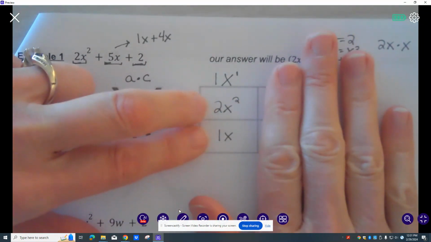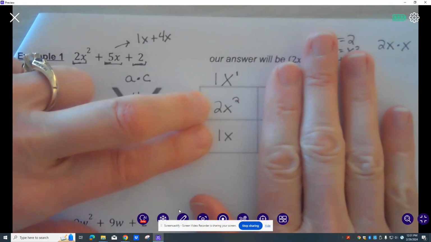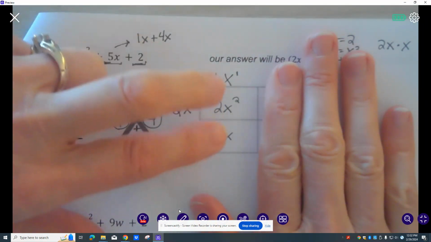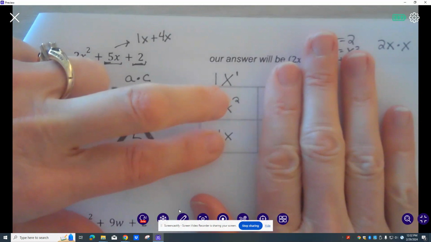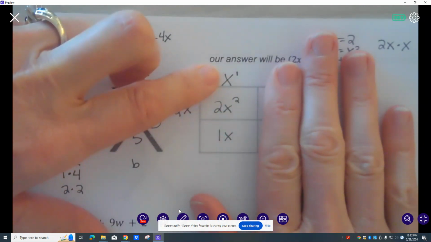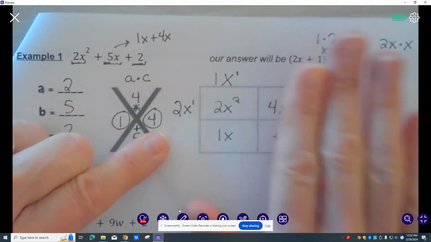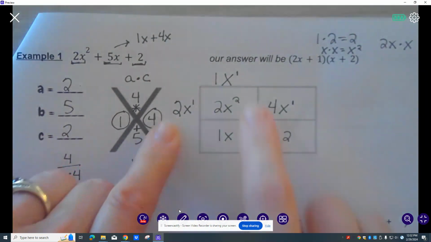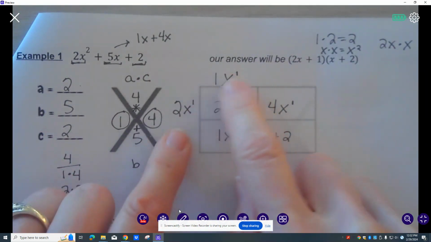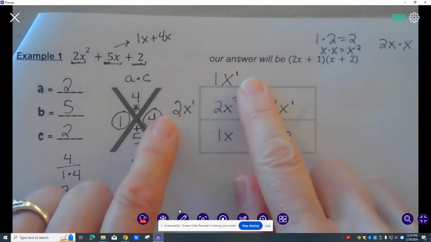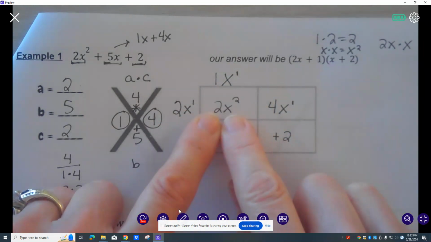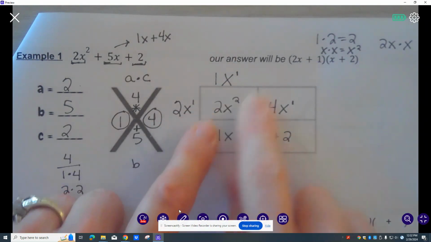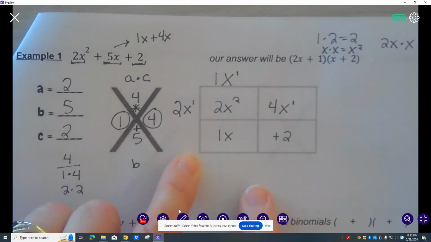The greatest common factor of the numbers 2 and 1 is 1. And the greatest common factor of x squared and x to the 1 is x to the 1. So that also works. And then at this point, do that check. If I multiply 1x times 2x, I get 2x squared. Okay, that's probably the hardest part.